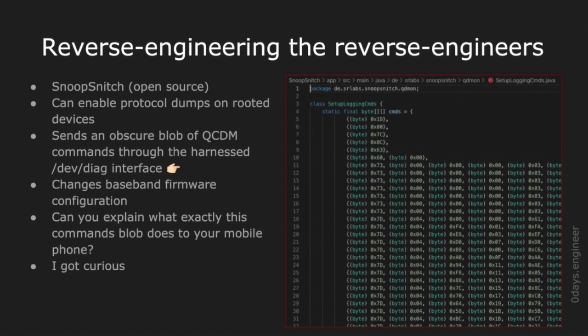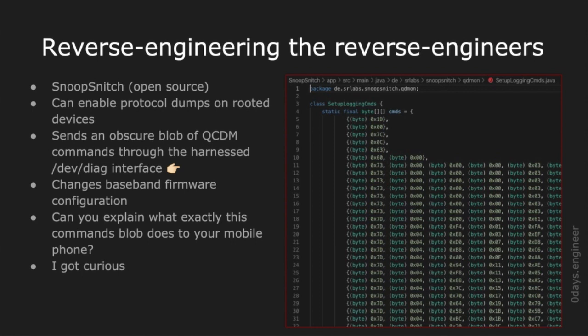And now finally let's look at the Diag protocol itself. One of the first things that I noticed when researching the Diag protocol is that it's actually used in a few places, not only in libQCDM. A popular tool named SnoopSnitch can enable cellular protocol dumps on rooted devices.